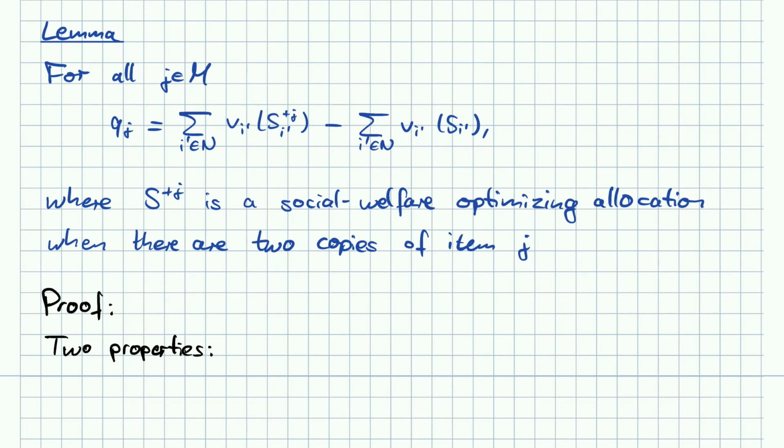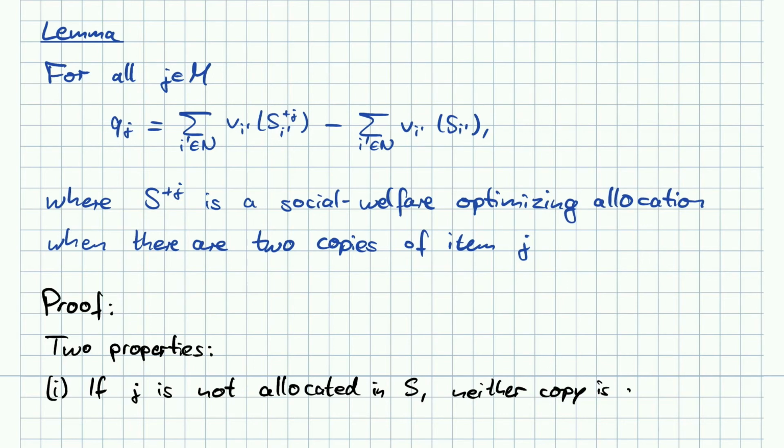This proof relies on actually two properties. The first one being, if J is not allocated in S, neither copy is allocated in S plus J.